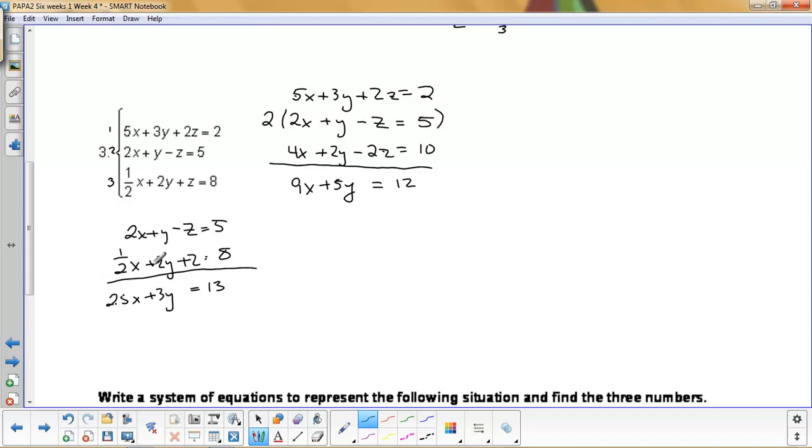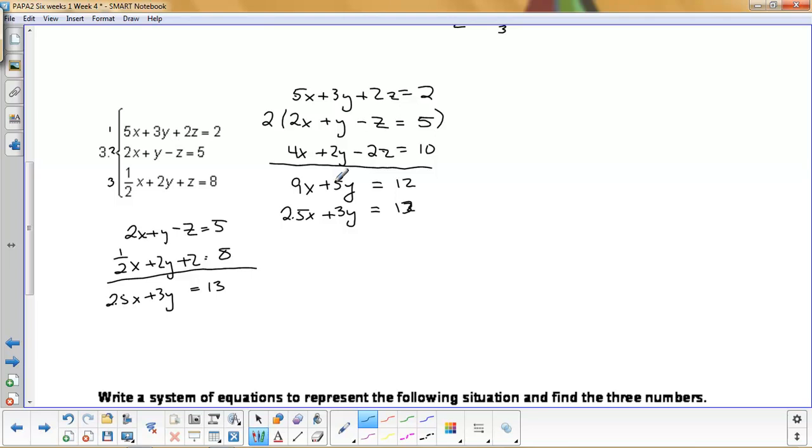Now that I have eliminated the same variable from the first two equations and the second two equations, the resulting system is a set of two-variable equations, which I can eliminate one more time. Okay?